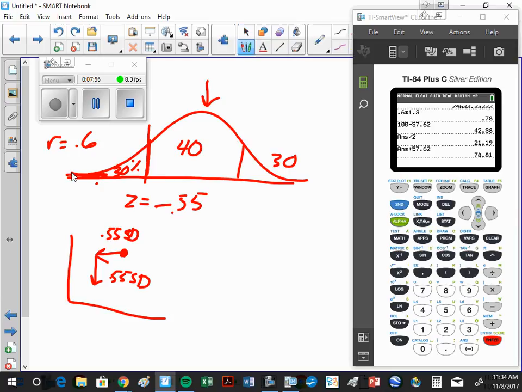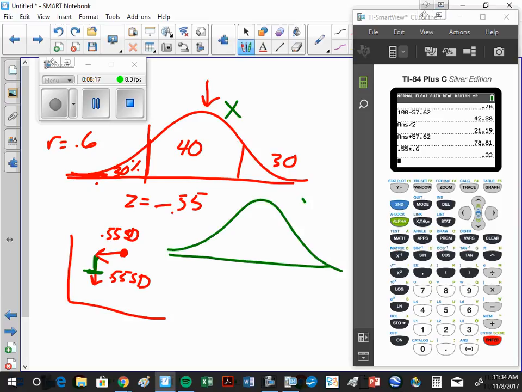So I cut this off at 60%. 0.55 times 0.6 tells me I'm going to go down 1/3 of an SD, right? So this is my X percentile, and this is my Y percentile. So the average is 0, and I'm going to go to the left 0.33.